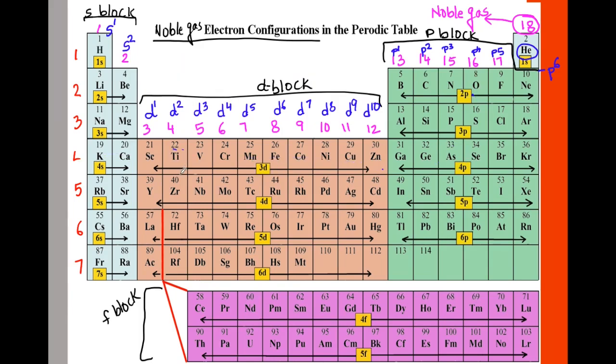Let's take another example, and this time we'll take zirconium, which has atomic number 40. Okay, and we're going to write the noble gas configuration. So this is the placement of zirconium on the periodic table. We'll start with the noble gas that comes before zirconium, and that would be krypton.